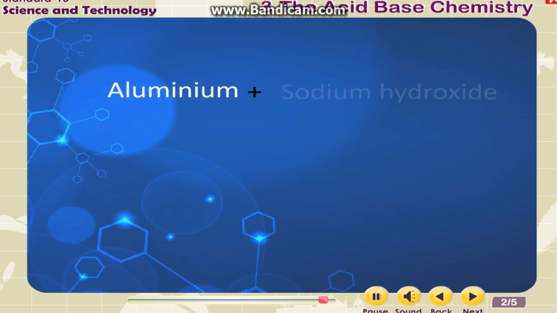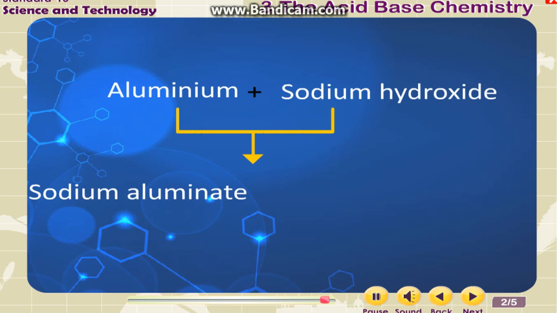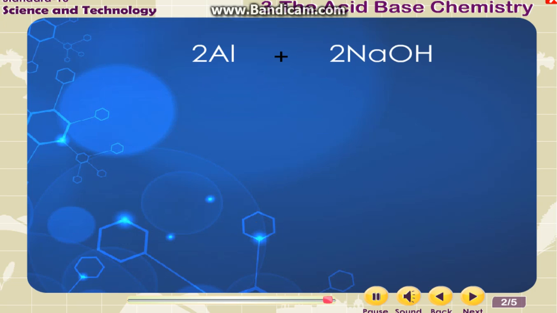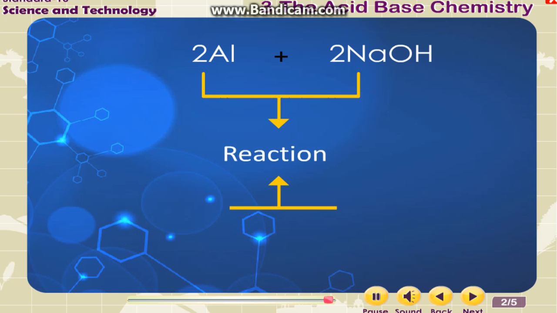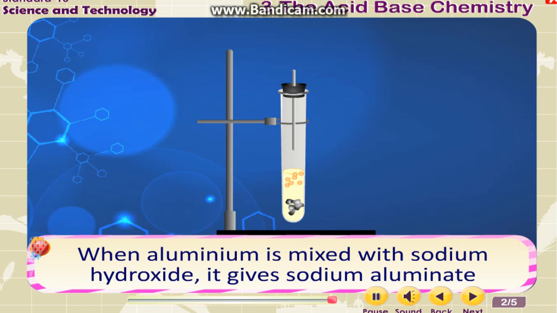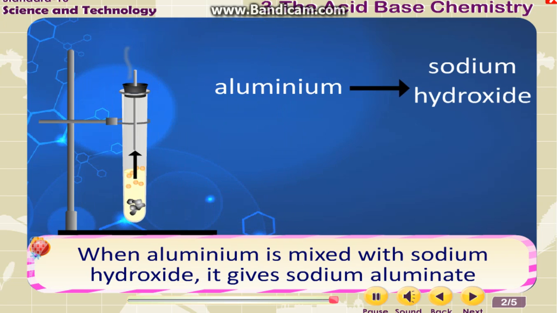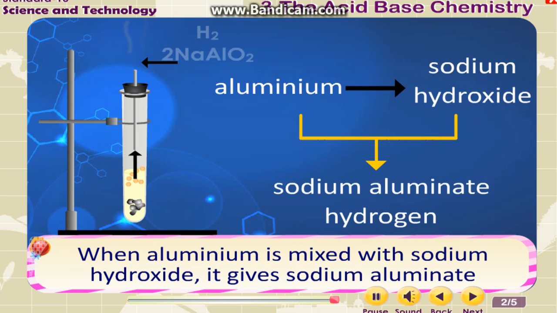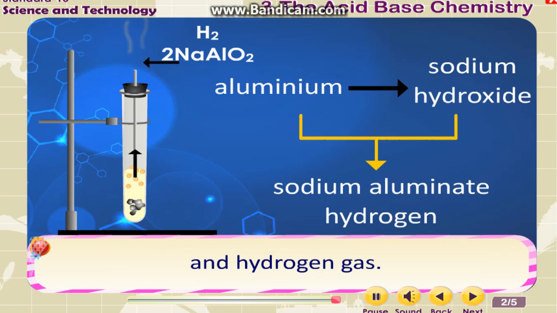Reaction: aluminium plus sodium hydroxide gives sodium aluminate plus hydrogen. 2Al plus 2NaOH gives 2NaAlO2 plus H2 gas is released. When aluminium is mixed with sodium hydroxide, it gives sodium aluminate and hydrogen gas.